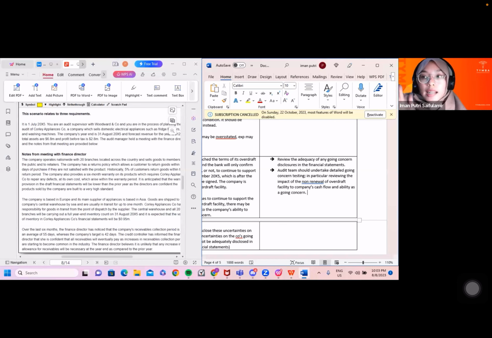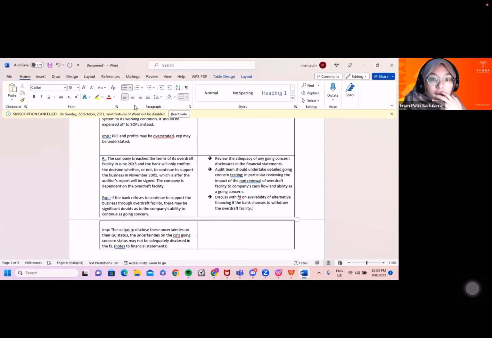Lastly, maybe we can discuss with the FD on availability of alternative financing, if the bank chooses to withdraw the overdraft facility. Okay. So have you guys gotten the points?